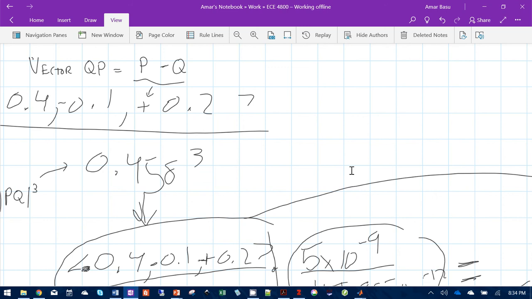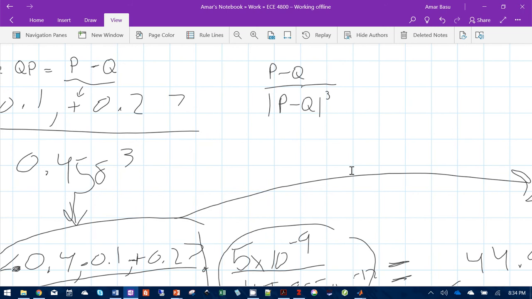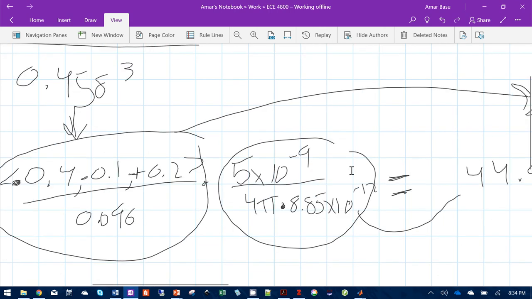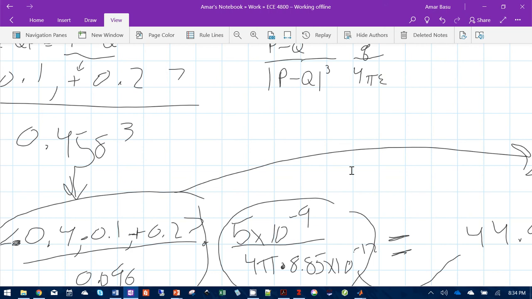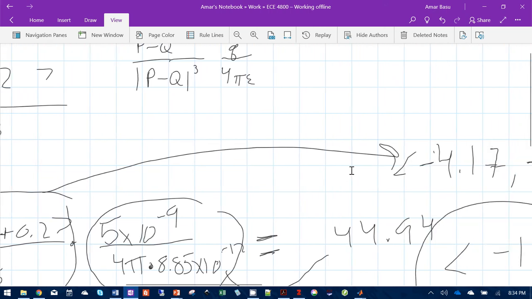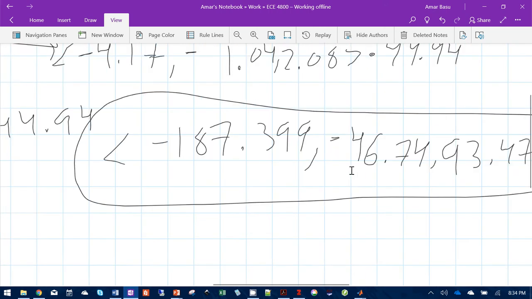So it's P minus Q over the magnitude of P minus Q cubed, times the charge Q over 4 pi epsilon. So this is your charge, 5 times 10 to the negative 9, divided by 4 pi, and then here's your epsilon.